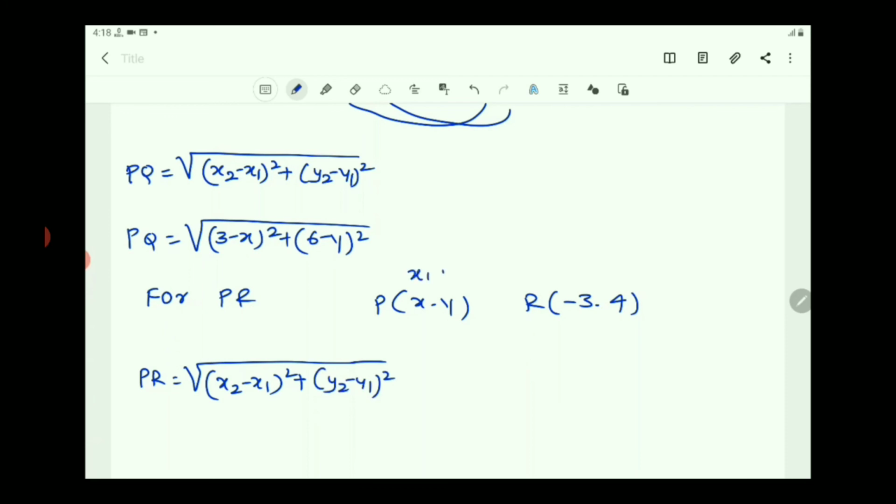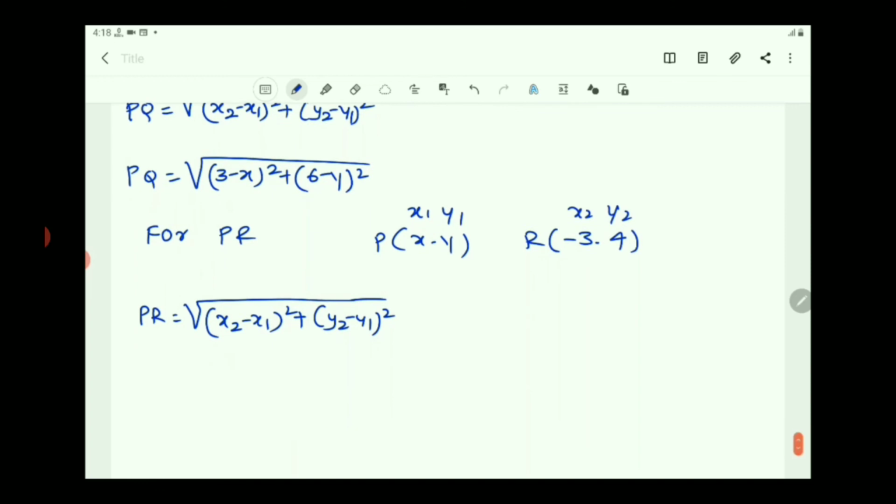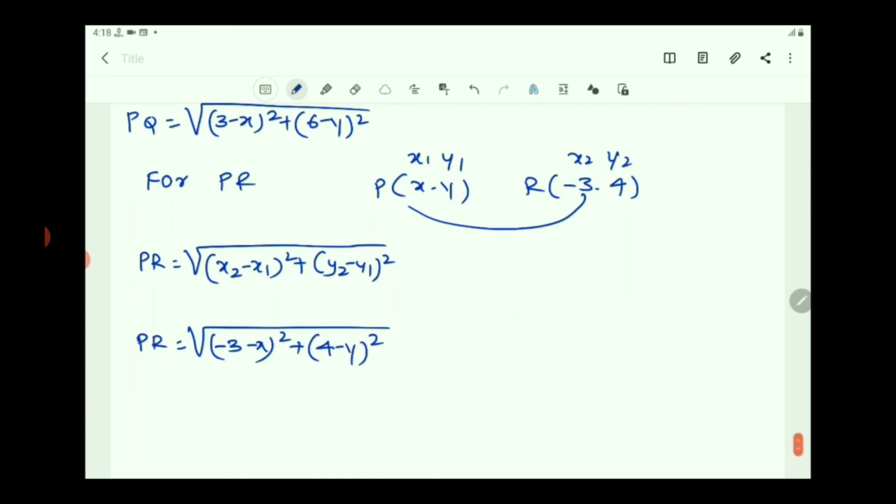So again you consider this is x1, y1, these two are x2, y2. Then PR equals root of (-3 minus x) whole square plus (4 minus y) whole square.